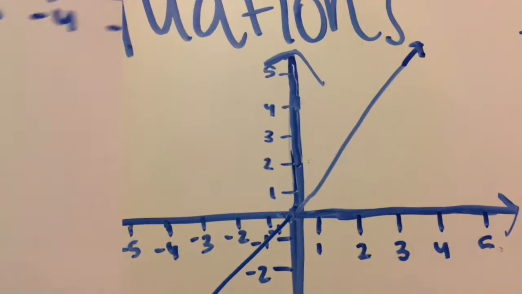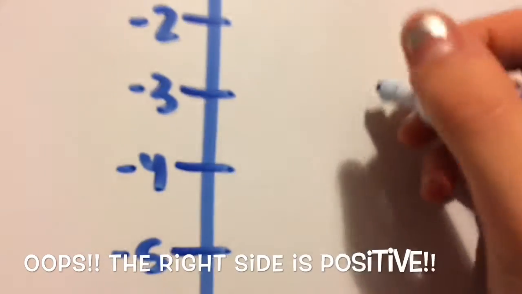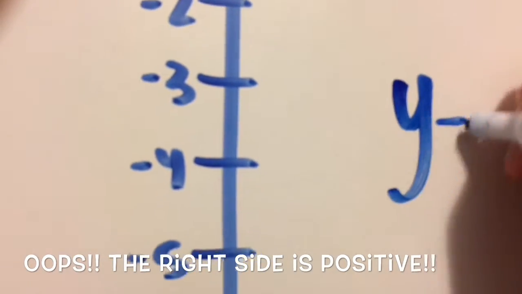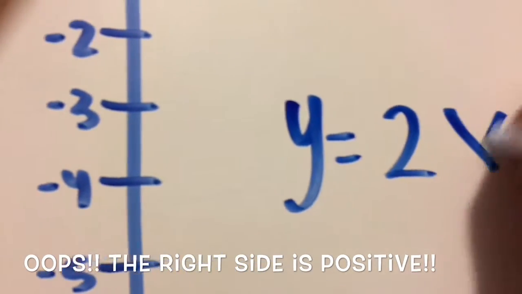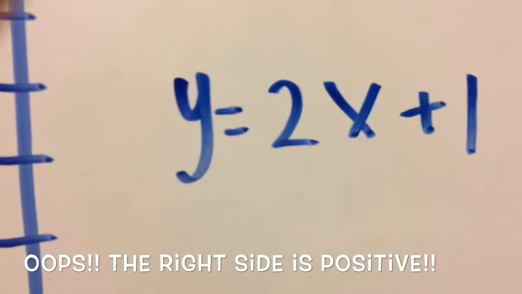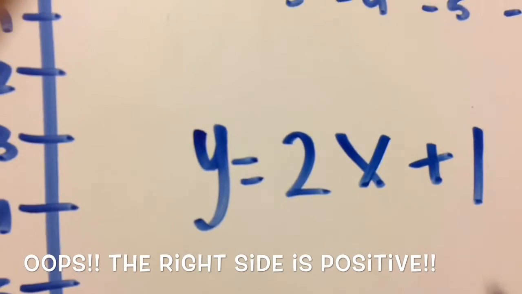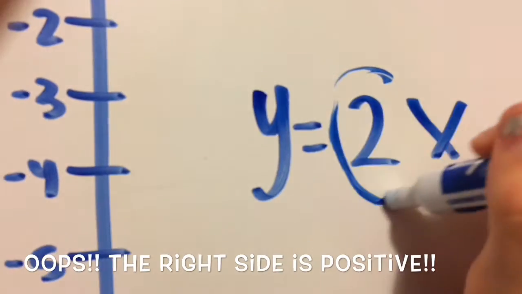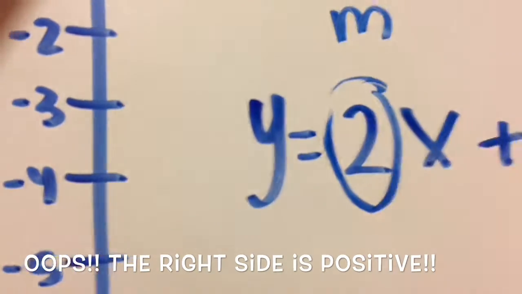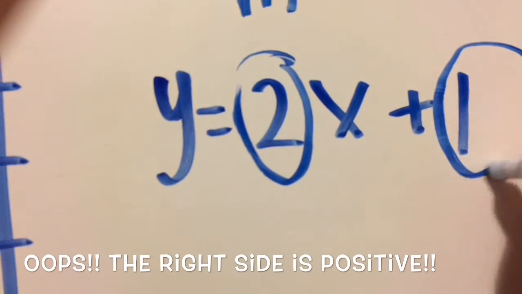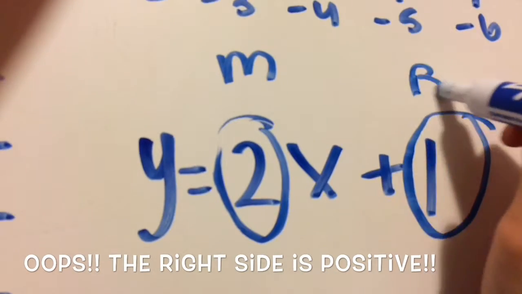All right. So basically, we're going to first start with the equation y equals 2x plus 1. Now, this number 2 would be considered our m, and this 1 would be considered our b.